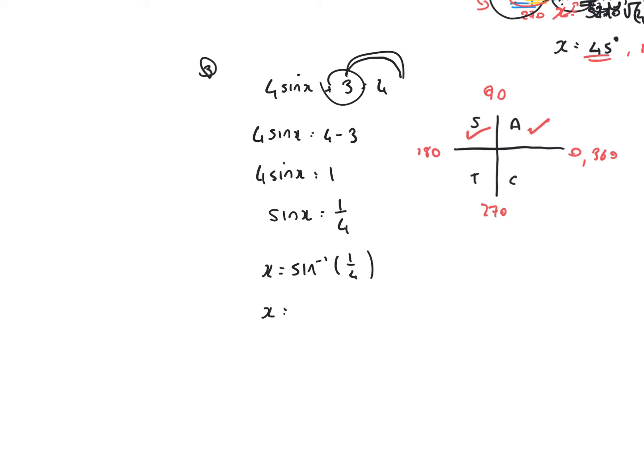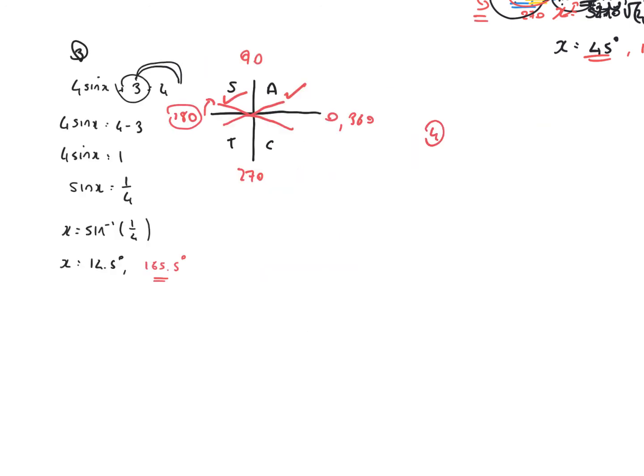This time we'll round our answer to 1 decimal place, and that will give us 14.5 degrees. I'm then looking for my solution in the sine quadrant. So that's going to be 180, take away the 14.5, which is going to give me 165.5. So again, that's just following a pattern of what I've done in the first 2 examples.